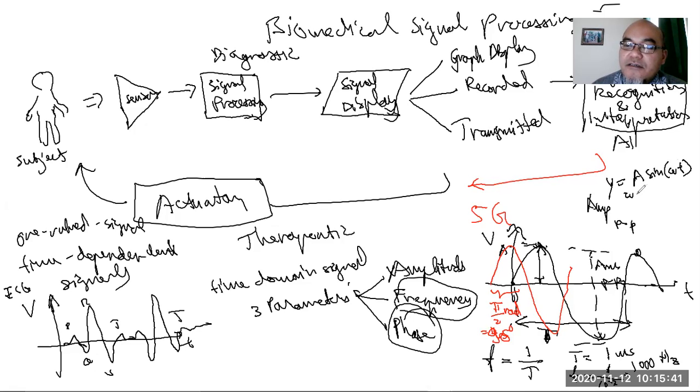Radian frequency, or cyclic frequency, is defined as 2 times pi times the frequency. In radian frequency, it is no longer cycles per second, but radians per second. If it is 1 hertz, 1 cycle per second, every second it is 2 pi radians. So omega will be 2 pi times 1, which is 6.28 radians per second.